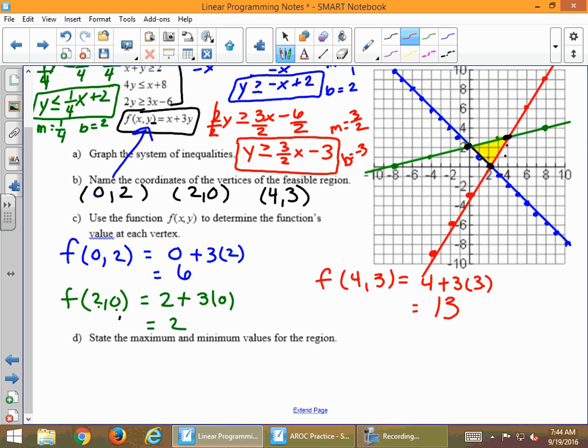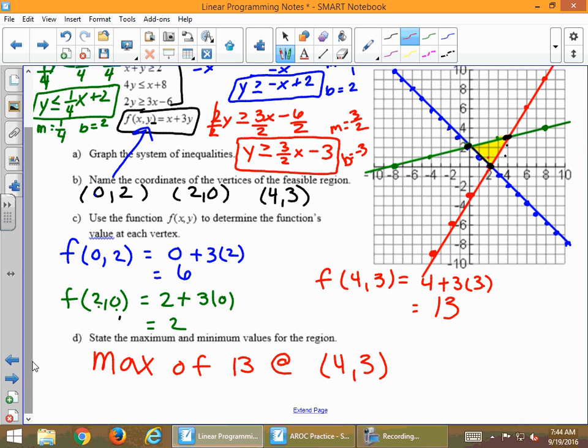There we go. Which one of these gave us the biggest number? The 0, 2, 2, 0, or 4, 3? 4, 3. So we would say there is a max of 13, because that's the number we got, at the point 4, 3. If we look, which one gave us the smallest number?